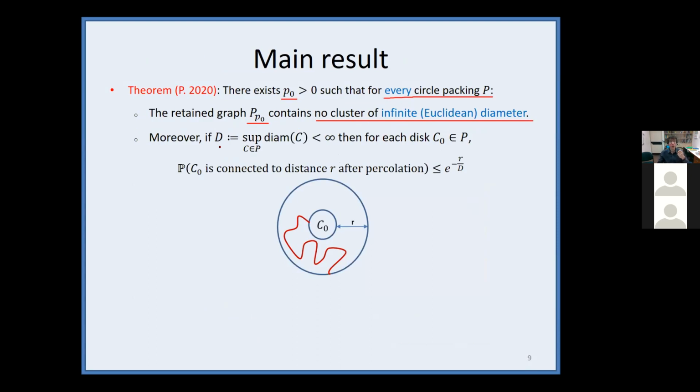And here is a quantitative refinement of the previous statement, not quite a refinement, but related statements.